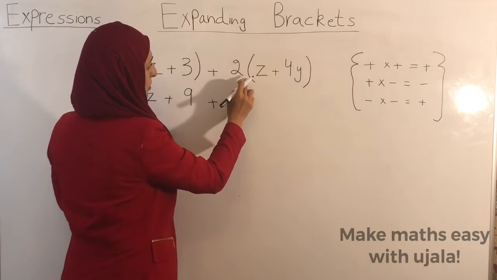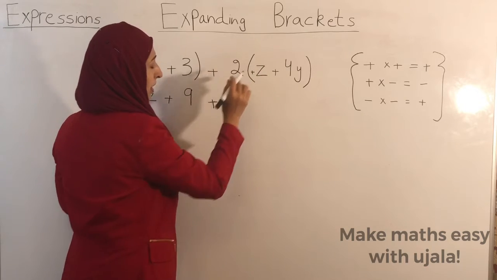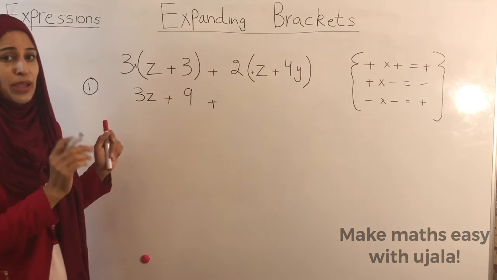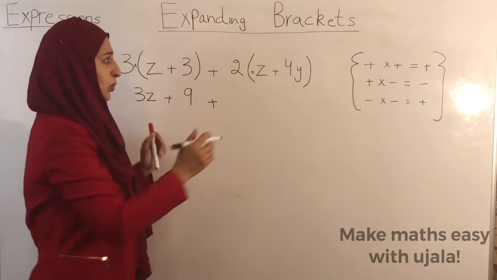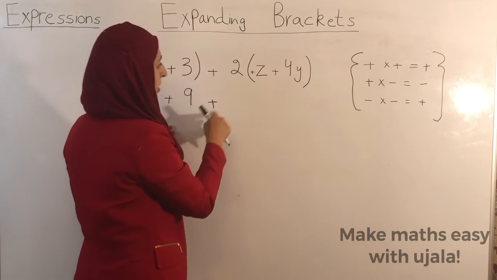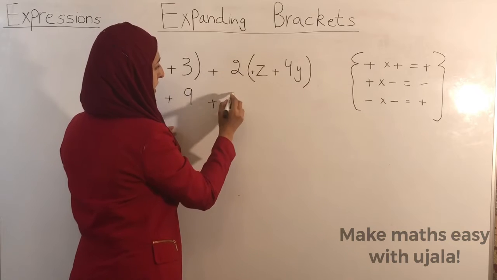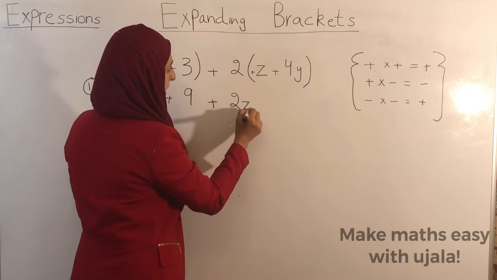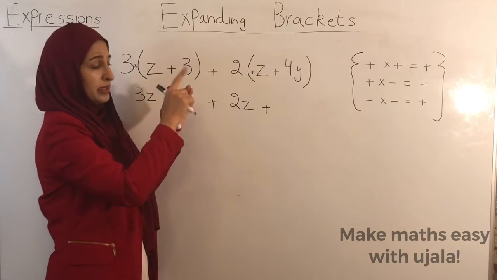So plus 2 times z, it is plus z. There is no sign. Remember, I'm just writing these signs to make it easy for you to understand, because some students struggle. They don't know which sign is in here. If they have a minus here, what will be the sign next? So when there's no sign, there's a plus sign. Plus 2 times z is 2z, plus, because signs are multiplying as well.